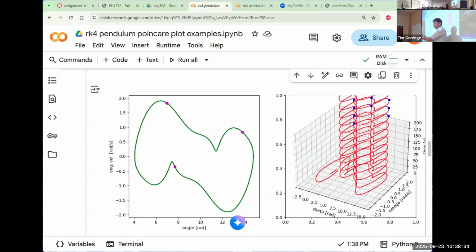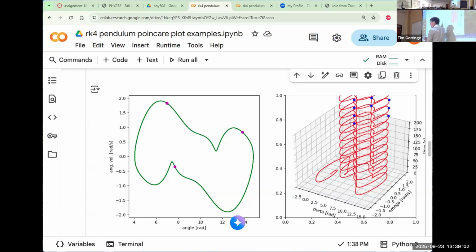Again, what we're seeing is periodic motion of the pendulum as we sample it, say, at the driving period, or as we look at it as a function of time. But now we've had another period doubling of the pendulum's motion. We're seeing a much more complicated shape in phase space, theta and omega, that includes looping the loop.